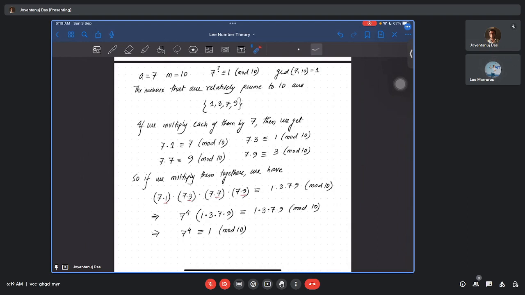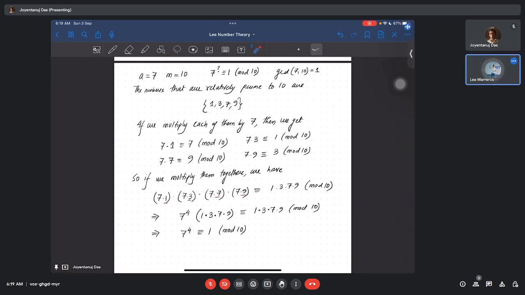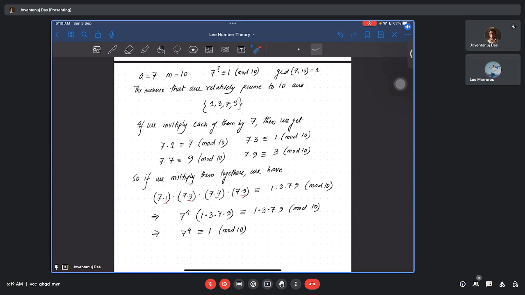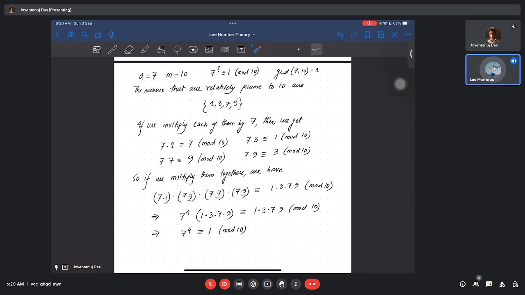But our aim was to find this as a function of 10, right? Our main aim was to find some power that should be related to this m, where m is 10 here. What is the relation of the power with the mod 10?